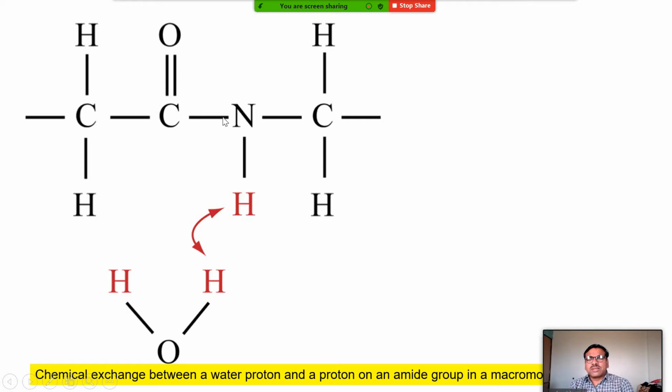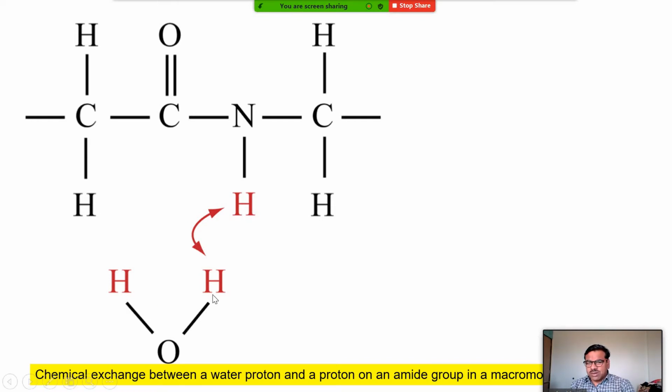And what we have to look at in the amide, see the structure of amide. The nitrogen also has a proton attached. One proton is attached to the nitrogen. And if you look at the water molecule in that environment, means the water molecule is there in the amide. Amide is not alone. It is contaminated with water, or you can say some drops of water molecule are added into the amide.